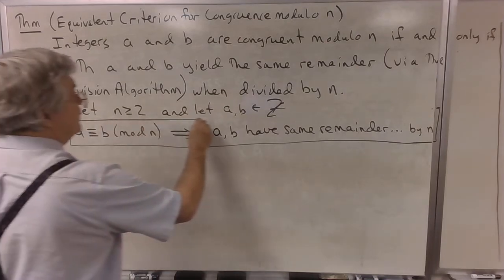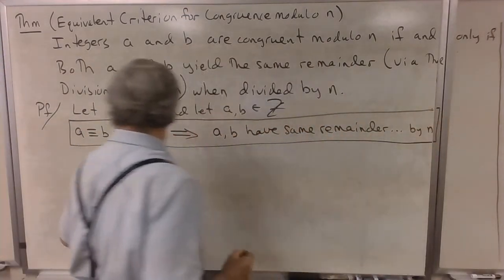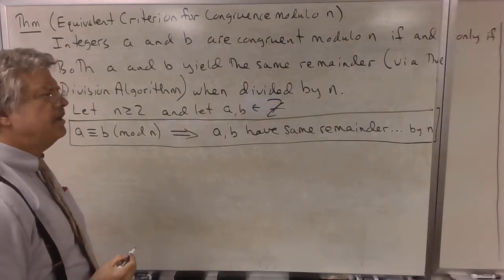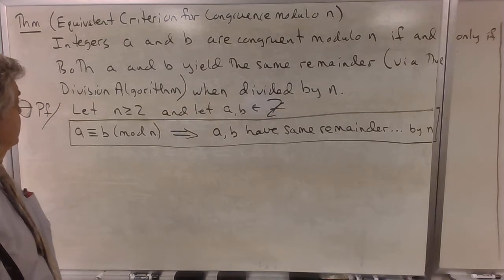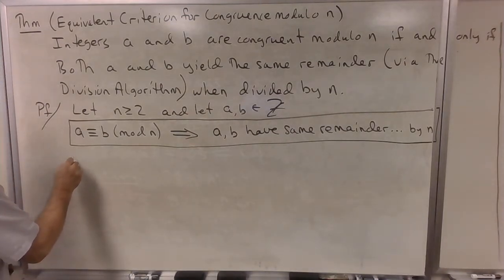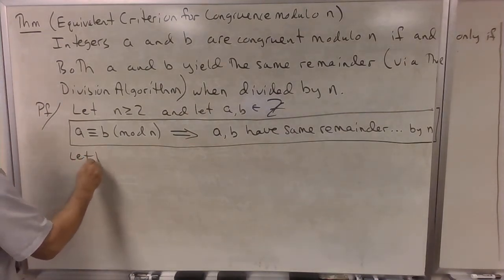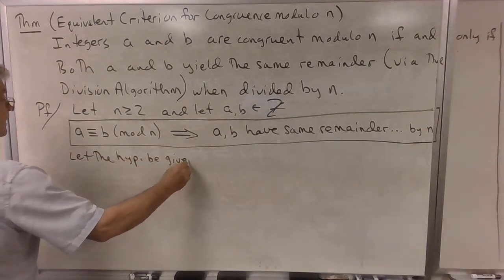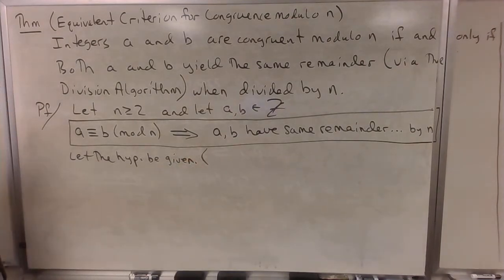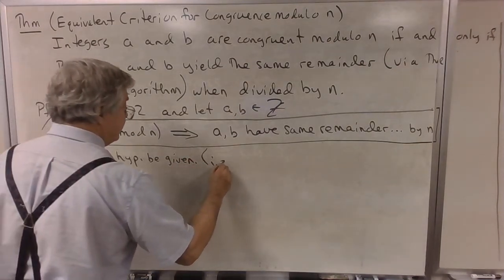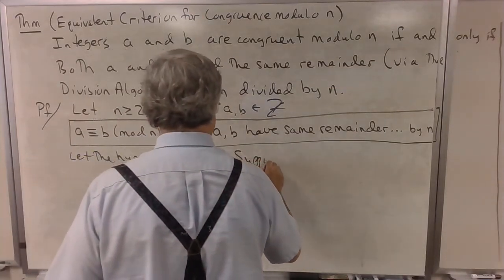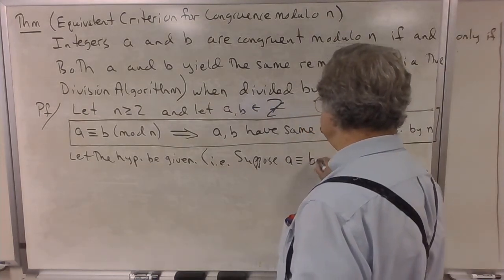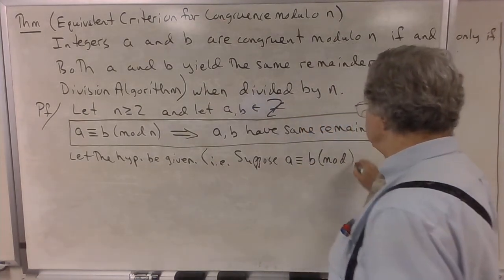So that's what we're going to do first: a is congruent to b mod n implies a and b have the same remainder when divided by n. So we let the hypothesis be given. That is, suppose that a is congruent to b mod n.